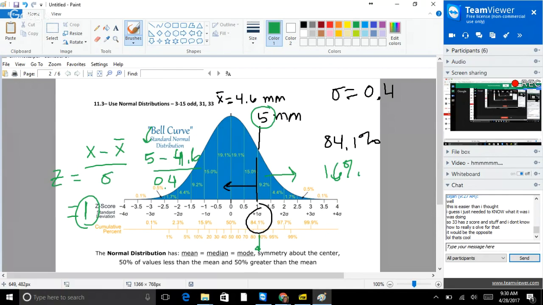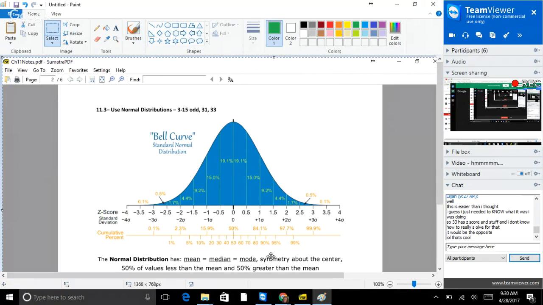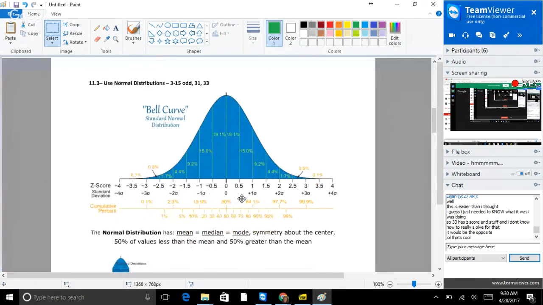So if we go to 33, right? Let's get a new graph here. Boxes of cereal are filled by a machine. Tests of the machine's accuracy show that the amount of cereal in each box varies.